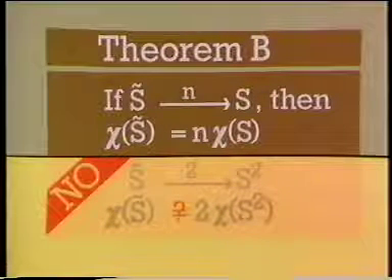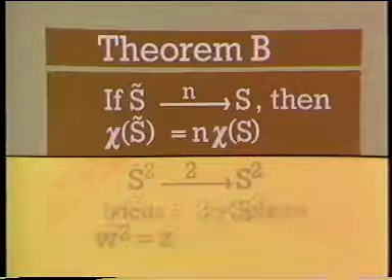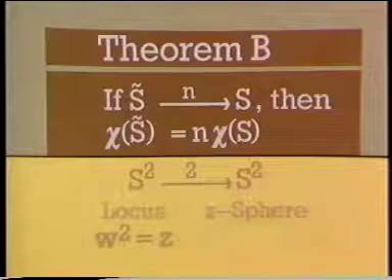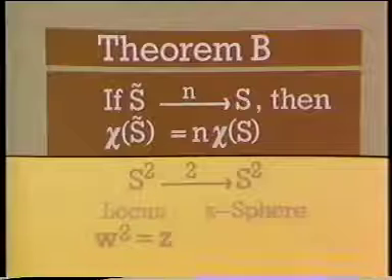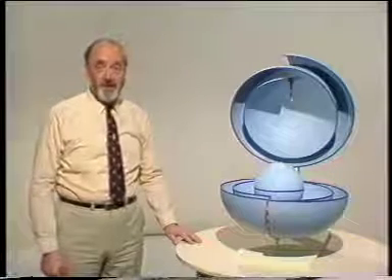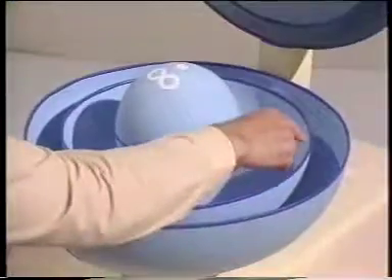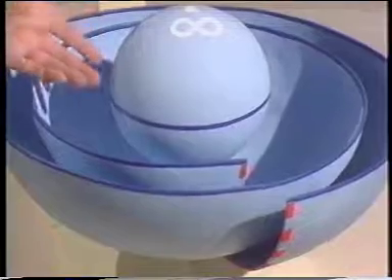But wait a minute. In the last program, we did have a sphere double covering a sphere. The locus of w squared equals z was a sphere which double covered the z sphere. Here's the locus in two halves, which have to be glued together along these spiral edges. And here's the z sphere.